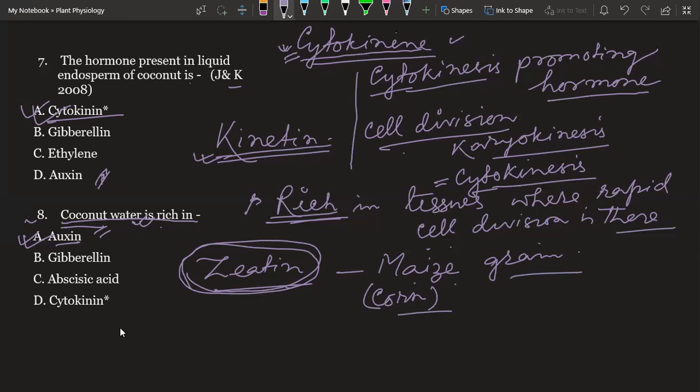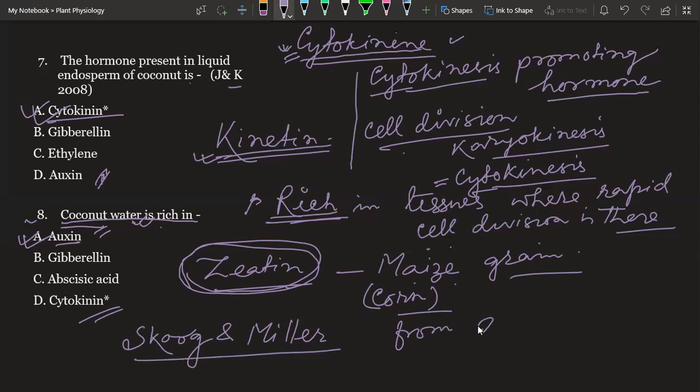Of course, cytokinin was first discovered by Skoog and Miller from autoclaved herring sperm DNA.